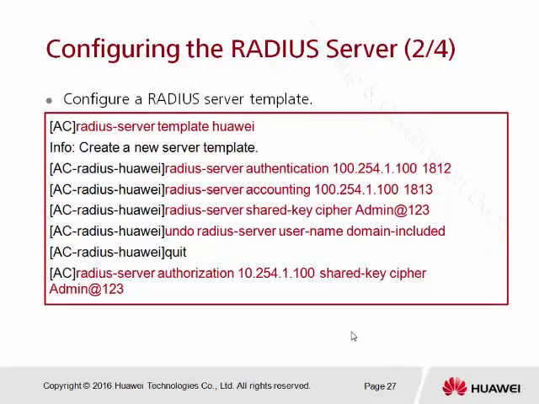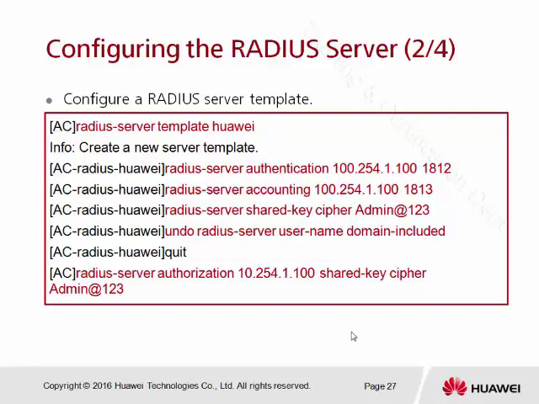After we configure the authentication scheme and the accounting scheme, the next step is to create a template. From the system view, we use the command radius-server template followed by the name. You can use any name here. Same again, I use the default one, Huawei.